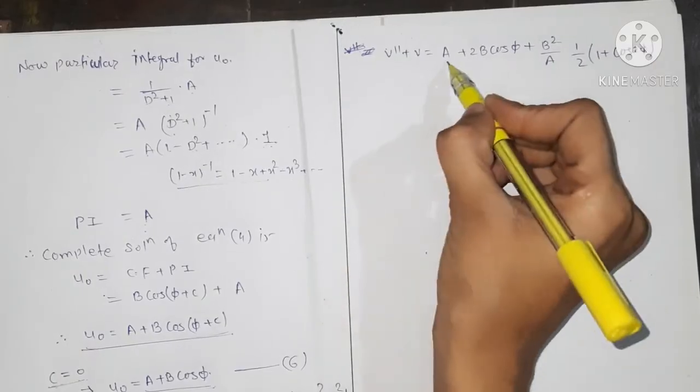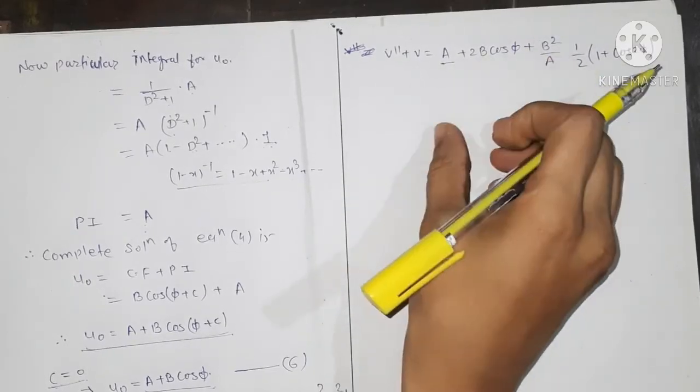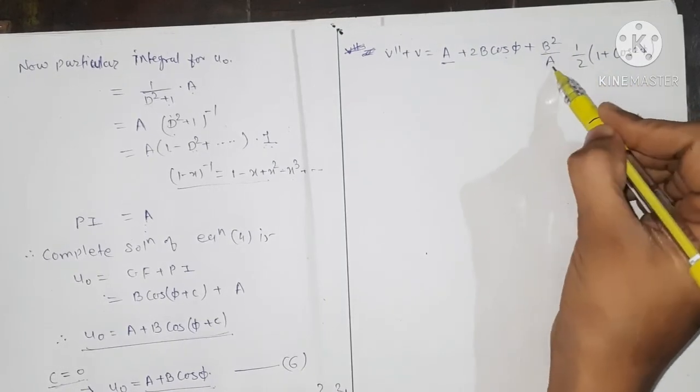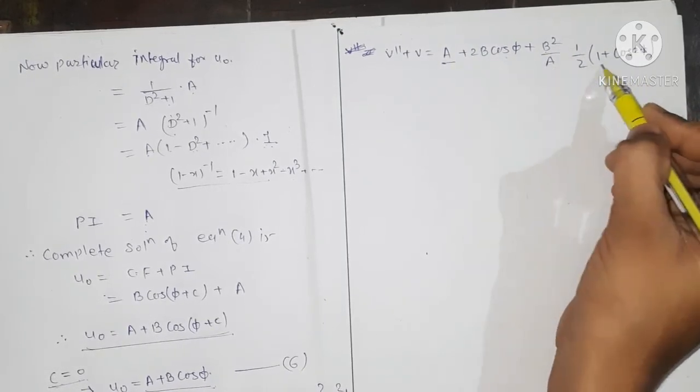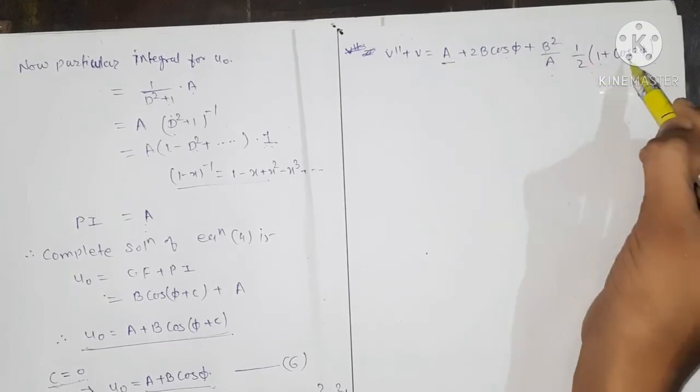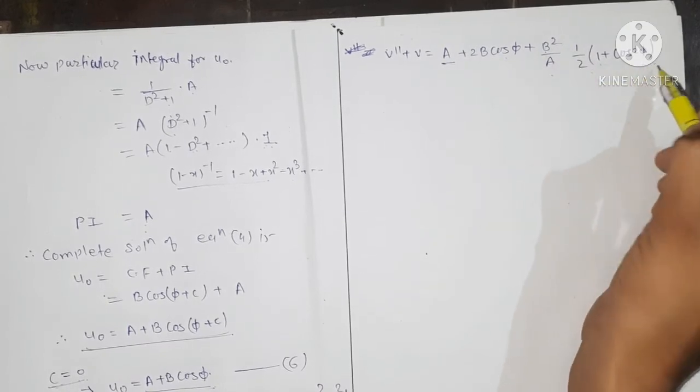Now here we separate the constant term in one bracket and the phi term in another. So multiplying this b square upon this 2 into a inside the bracket, we get b square upon twice a, and b square upon twice a into cos 2 phi. Right.